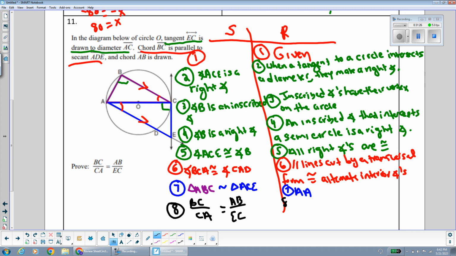And the reason for that is always the same thing every time you're proving a proportion. Similar triangles have proportional corresponding sides.